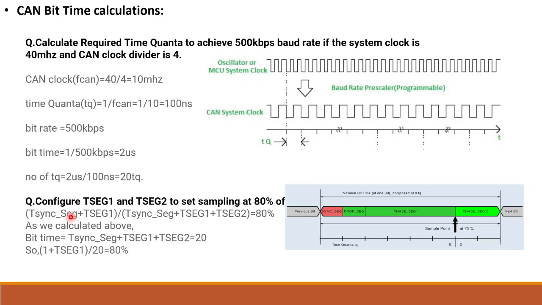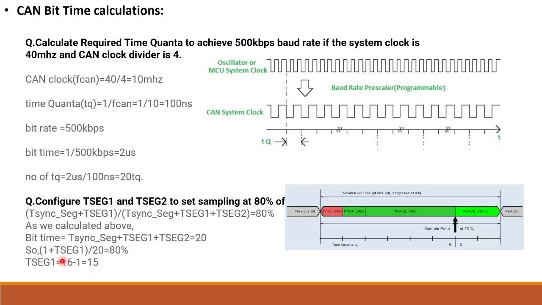The sync segment is always 1, fixed in each controller, plus T seg 1, which is the propagation segment plus phase segment 1. This one I don't know, that's why it is divided by 20, the total of T sync segment, T seg 1 and T seg 2, the complete bit timing, so we got 80%.